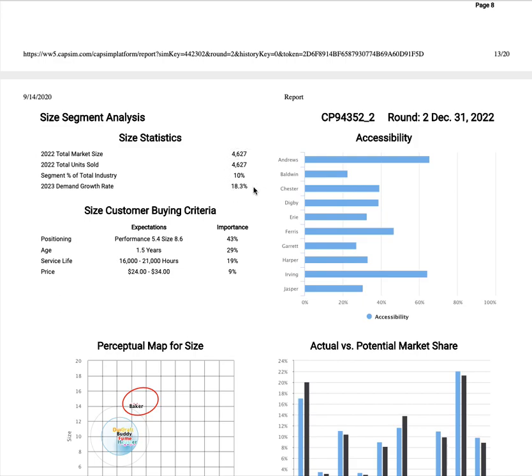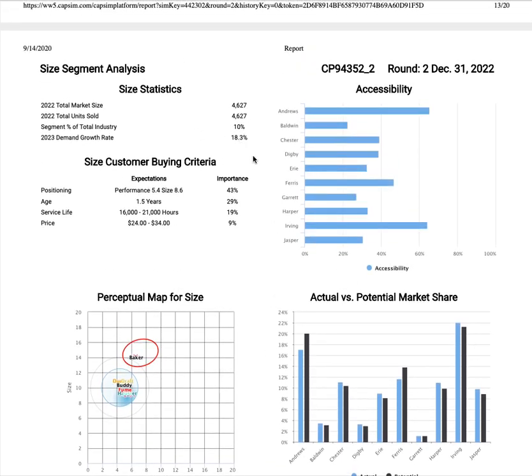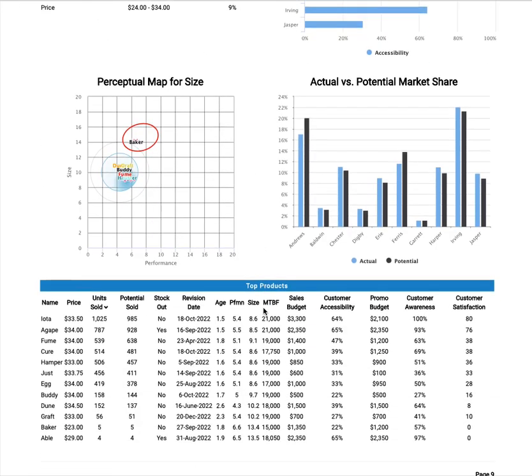So this is a pretty good indicator here. For every market, you can do the same thing, like calculate the growth rate.